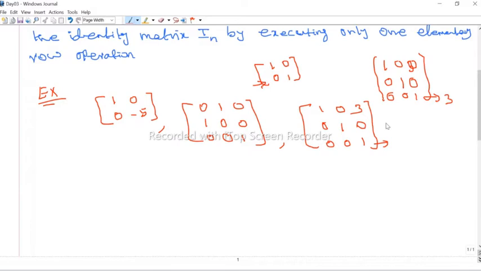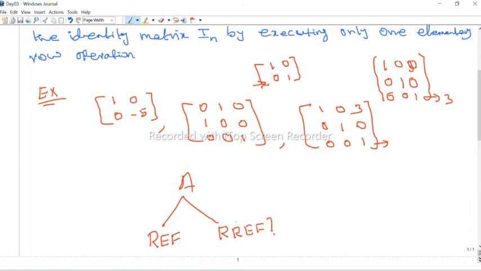Given any matrix, we know how to get a row reduced echelon form, right? Given any matrix A, we have the row echelon form of the matrix and also the reduced row echelon form of the matrix. Given any matrix, we have a unique reduced row echelon form. How do we get this?